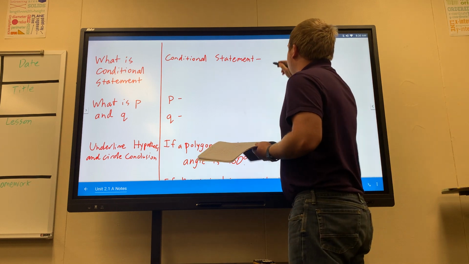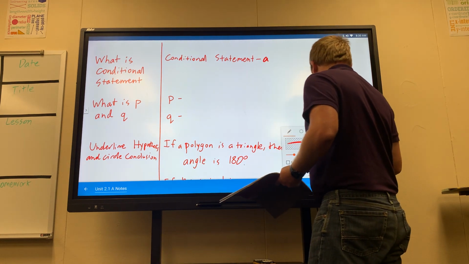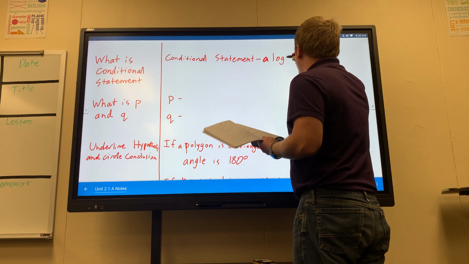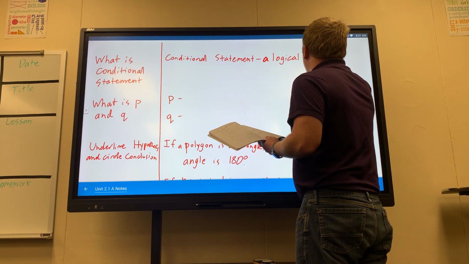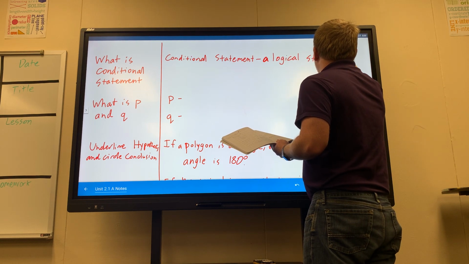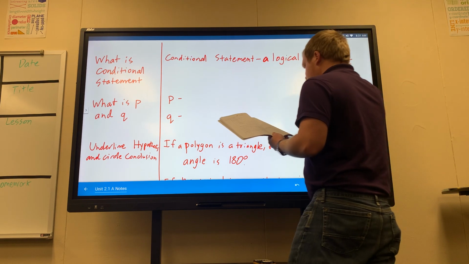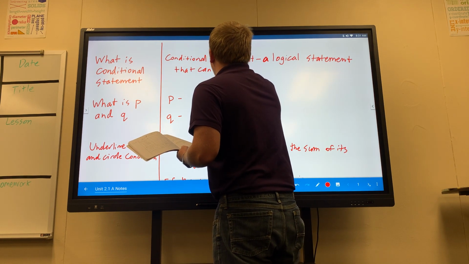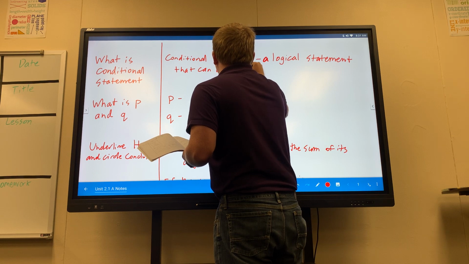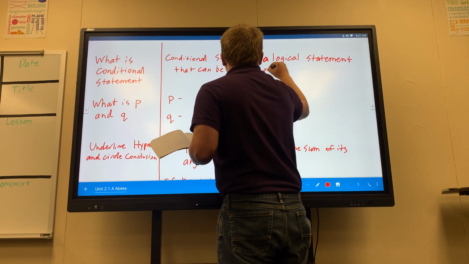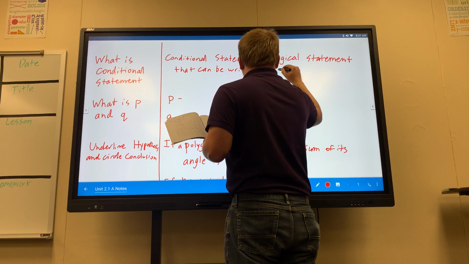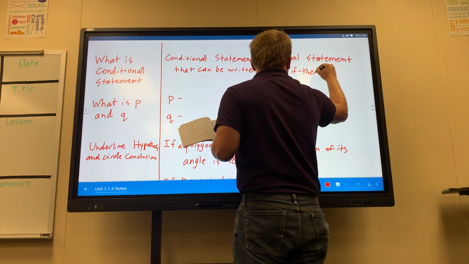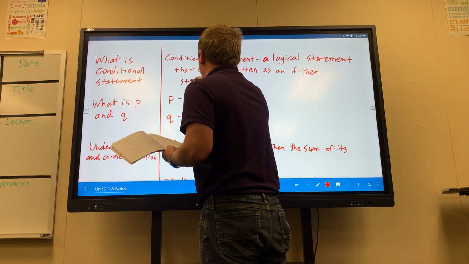A conditional statement is a logical statement that can be written as an if-then statement.